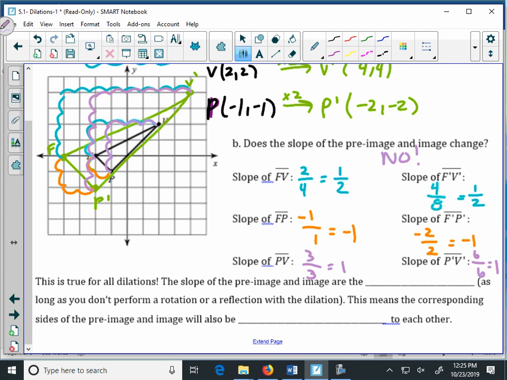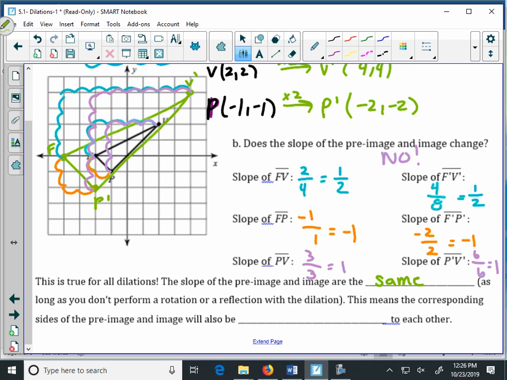So that being said, this is true for all dilations. The slope of the pre-image and image will always be the same, unless you do a rotation or a reflection, then that will change the slope. But if you just do a dilation, the slopes will be the same for the corresponding sides.